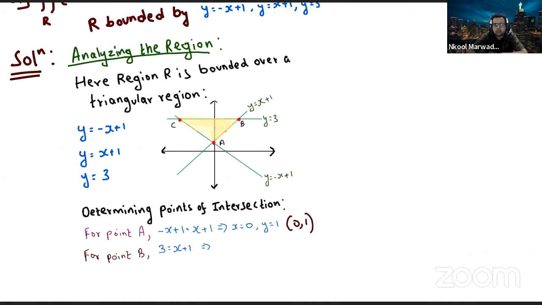And what is y? y is 3. When x is 2, y is 3. So point B is 2, comma 3. Similarly, we can get point C.